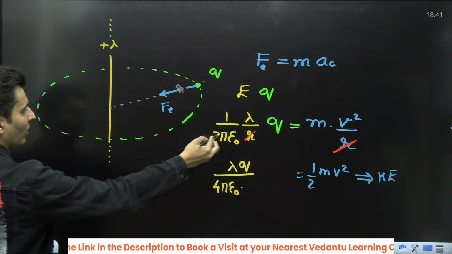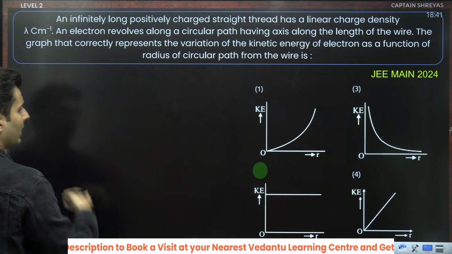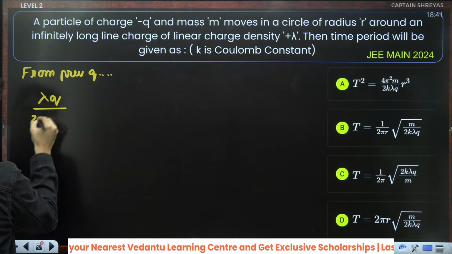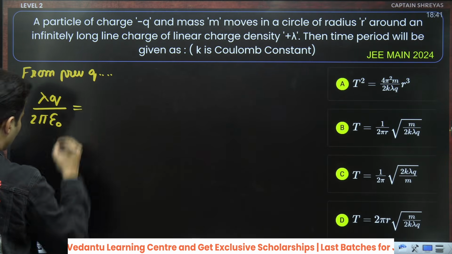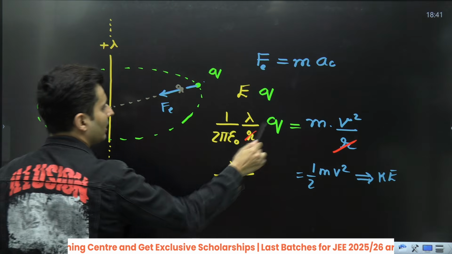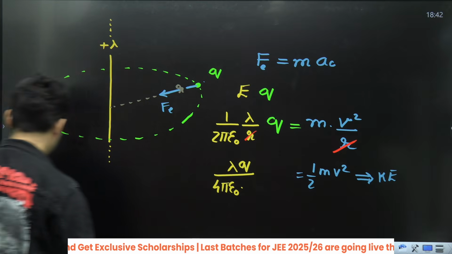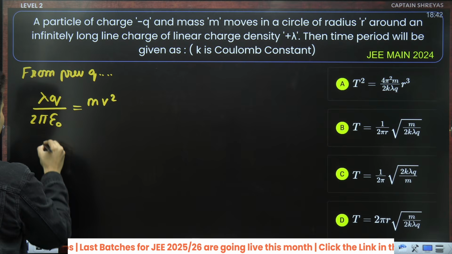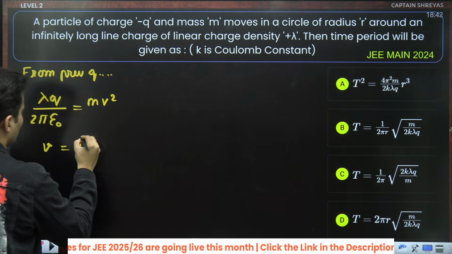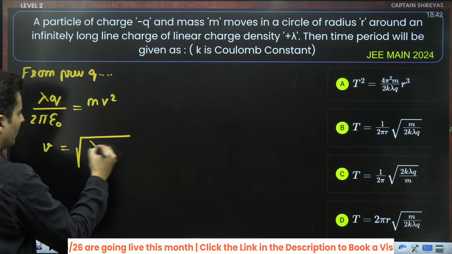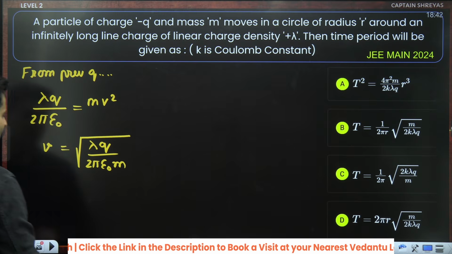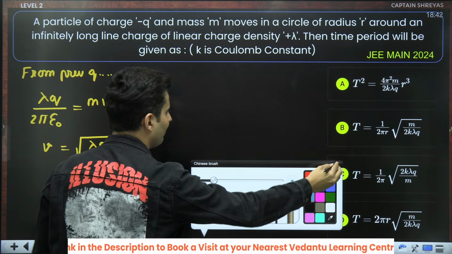We get this following thing: lambda q by 2 pi epsilon naught is nothing but mv square. From this you will get velocity as root of lambda q by 2 pi epsilon naught m. Once I get velocity, I can find the time period.